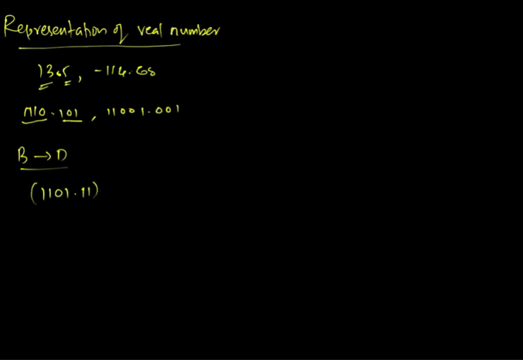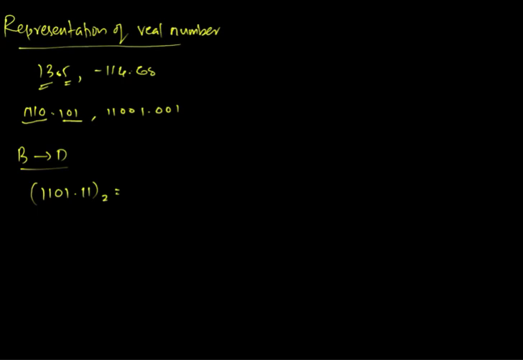Now we will use the same method which we followed in the previous case for integers, that is, we will determine the weight of each digit or each bit in the number and represent it in terms of its base.